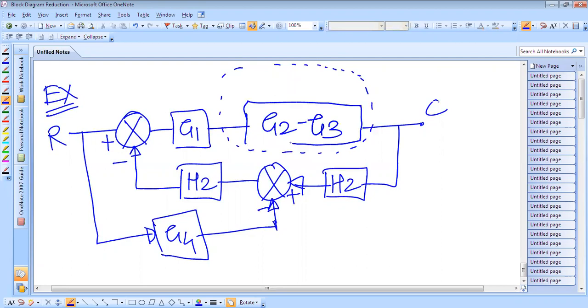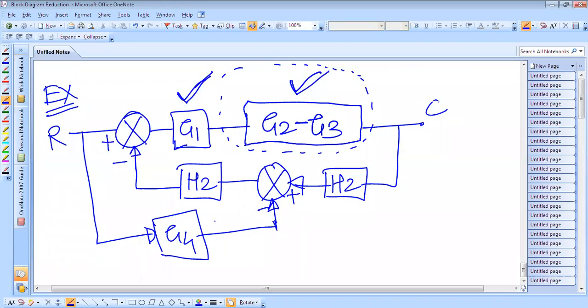Now it has become simpler, because these two blocks were connected in parallel. Now I will again see these blocks, and they are connected in series. I will use the same rule. These two blocks, G1 and G2 minus G3, are connected in cascade or in series, so I will just multiply the gains of the individual blocks.